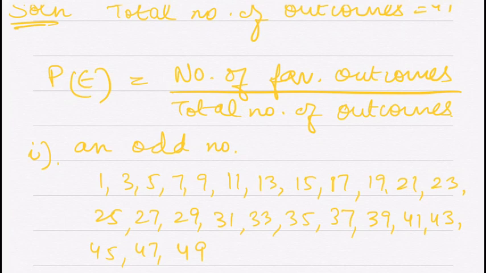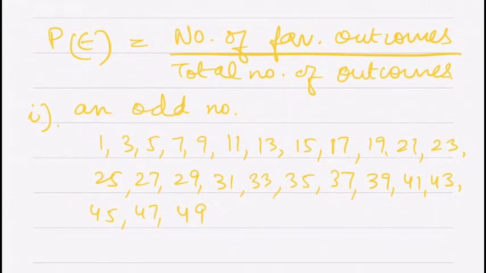Okay, so now how many numbers will be there? See, total are 49, but 49 and 1 are also included. Usually you divide 49 by 2, because half of the numbers will be odd, but in this case there is one more. 49 is also an odd number, so there will be 25.